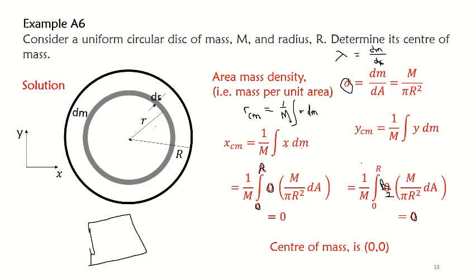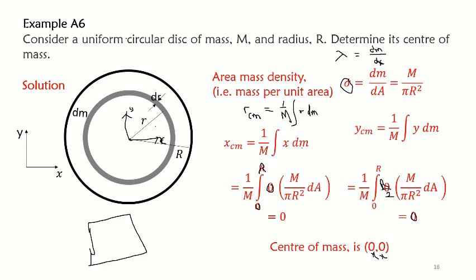So work with that. But in this case, from the center, you have the center of mass will be 0, x, 0. That is at this point, this center, with coordinates 0, 0.